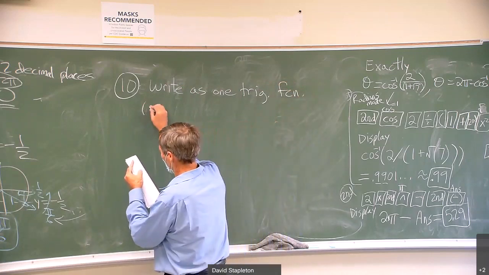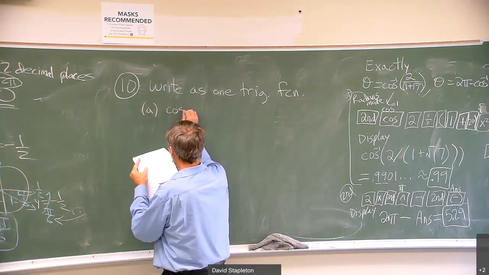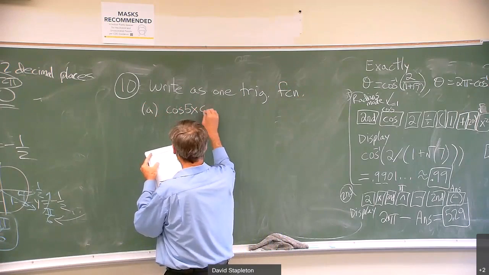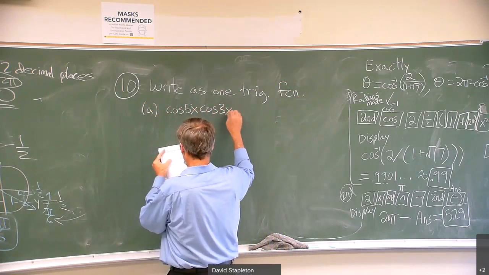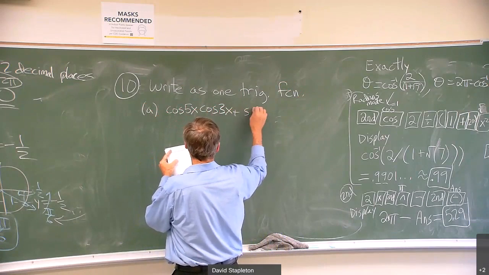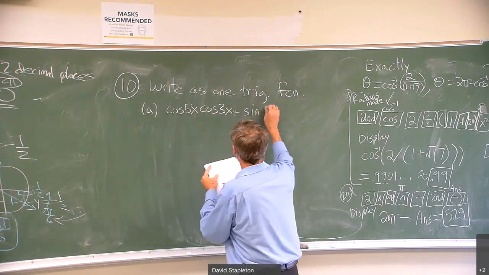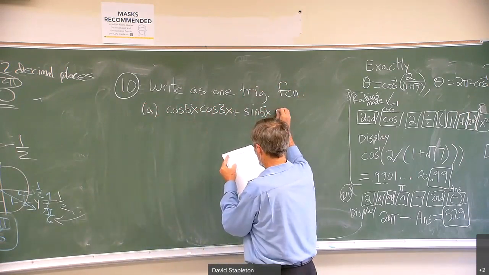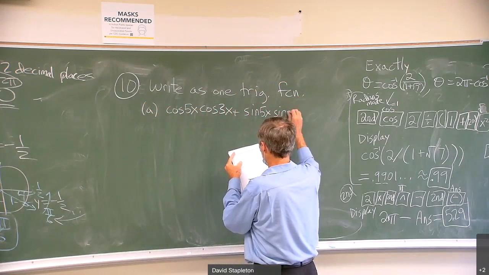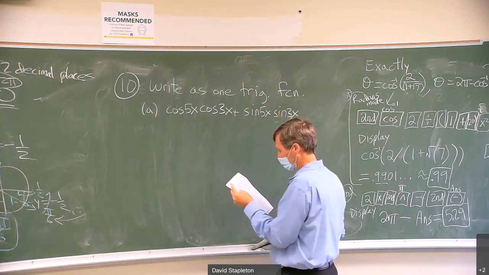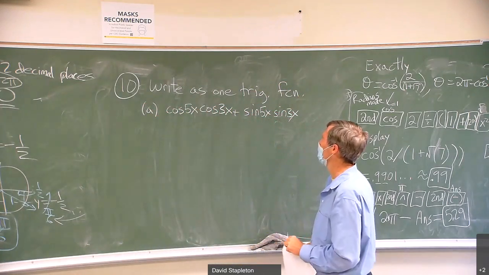Suppose I gave you this in A, it's cosine 5x cosine 3x plus sine 5x sine 3x, and that 9 is a typo. How does that reduce?